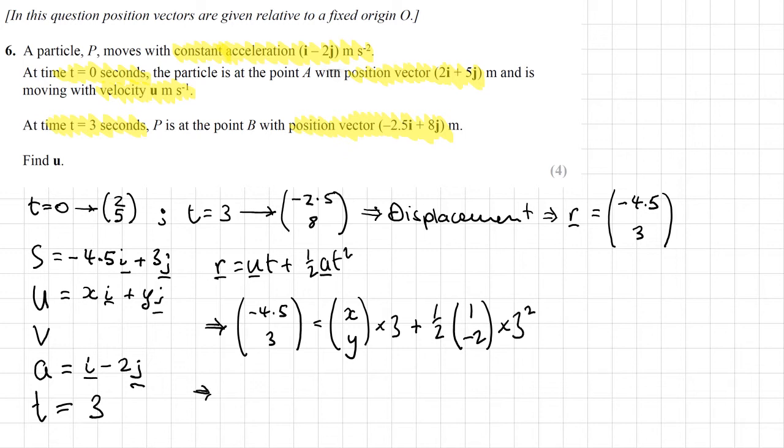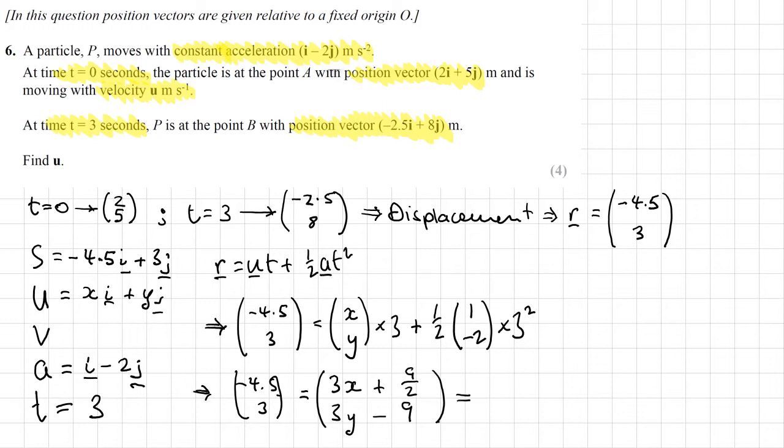So from that we get negative 4.5, 3, and then equal to, and I'll do the whole top row and the whole bottom row, so I'll have 3x at the top, and then I'm going to find half of this and then multiply it by 9, so I will have plus 9 over 2 at the top, and then at the bottom I'll have 3y, and then let's see, this will be half of negative 18, so negative 9.